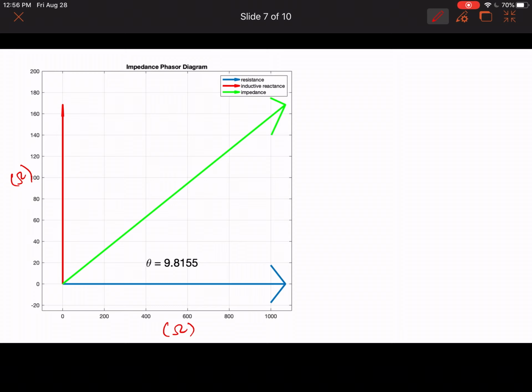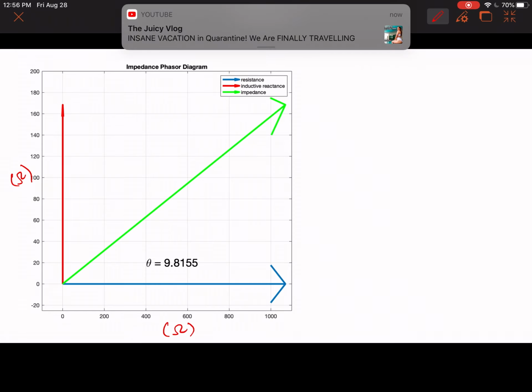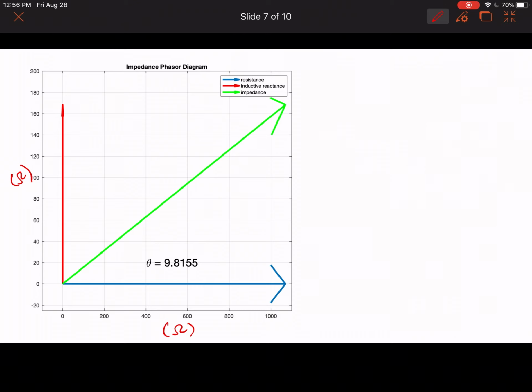So the absolute value of Z, or the magnitude of Z, can easily be computed to be about 1100 kilo ohms.